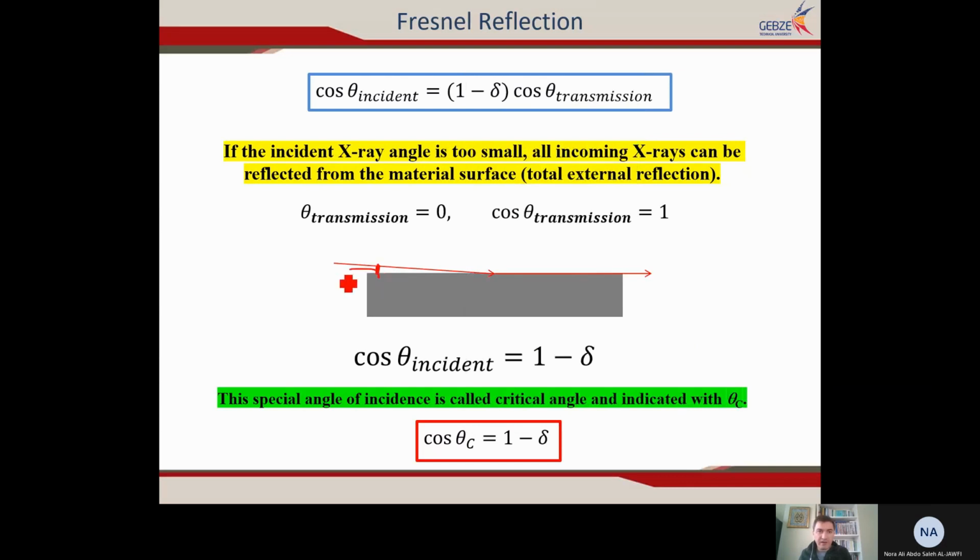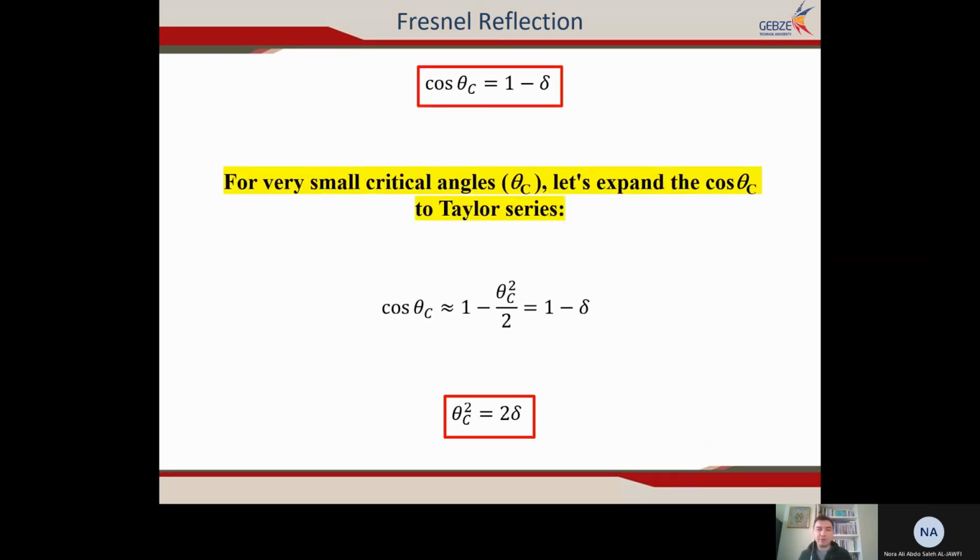And I am talking about the critical angle for the theta incident. Below this critical angle, all the X-rays are reflected from the surface of the sample and total external reflection occurs. Okay, then let me continue. Here we have cosine theta critical. And what I have told you is that this critical angle is very small.